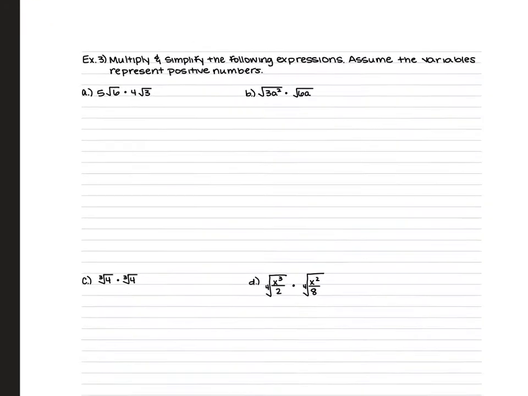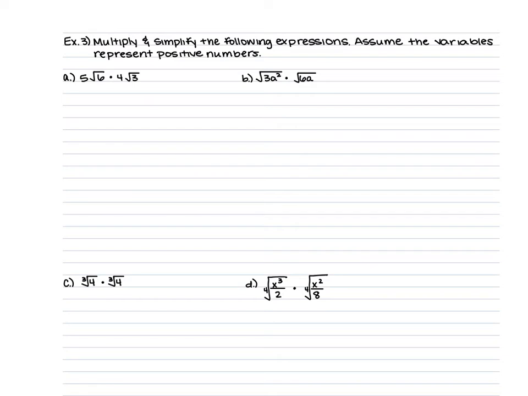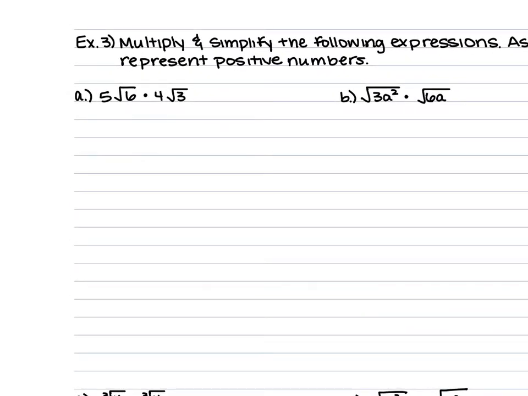For example 3, we're just multiplying and simplifying these. For example A, we have 5 square root 6 times 4 square root 3. So the terms in front will multiply together, as well as the terms inside will multiply together, again, as long as your index is the same. So we're going to do 5 times 4 on the outside, and the square root of 6 times 3 on the inside.